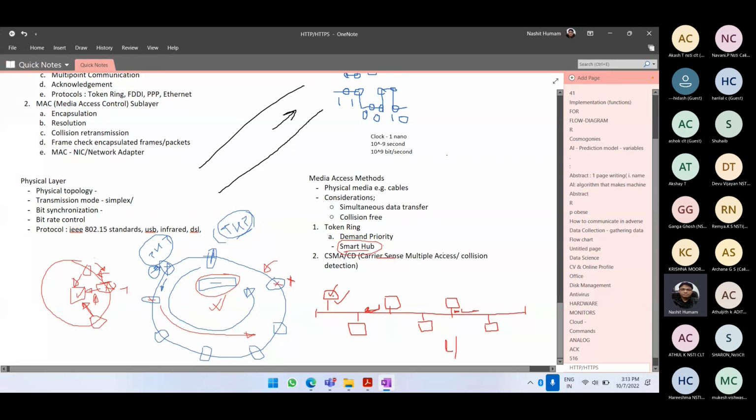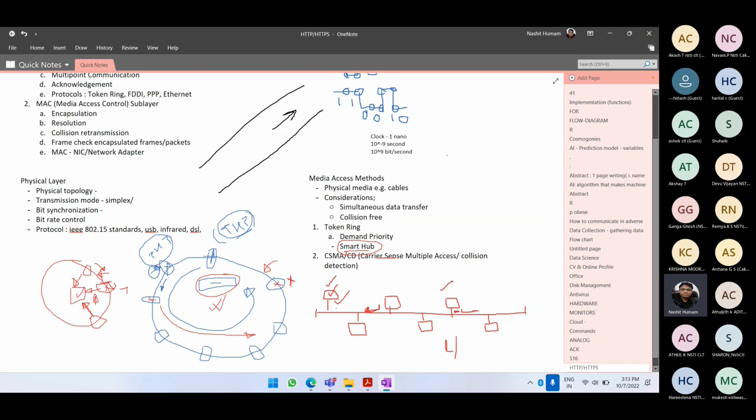In case a node understands that there is a carrier signal on this cable, other nodes will refrain from sending their own carrier signals for quite some time. I hope you got the idea. Just confirm or we will again try to discuss this.